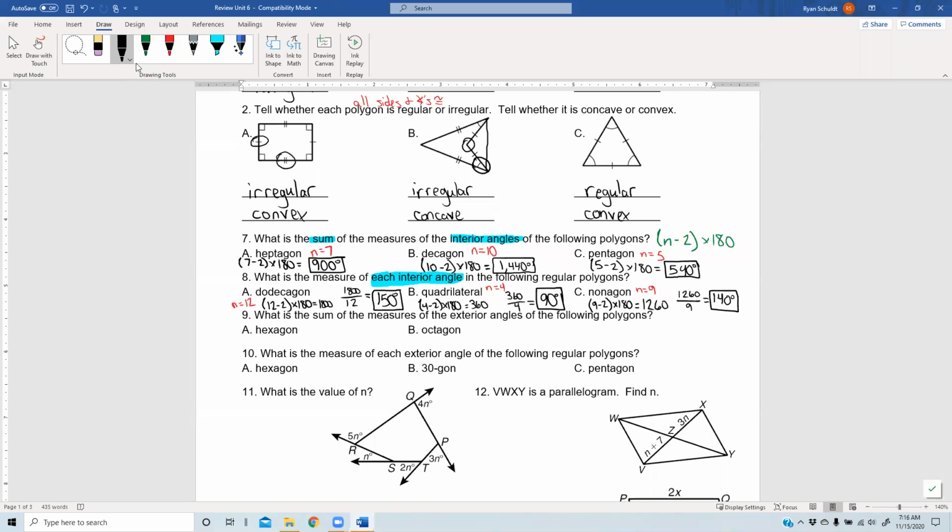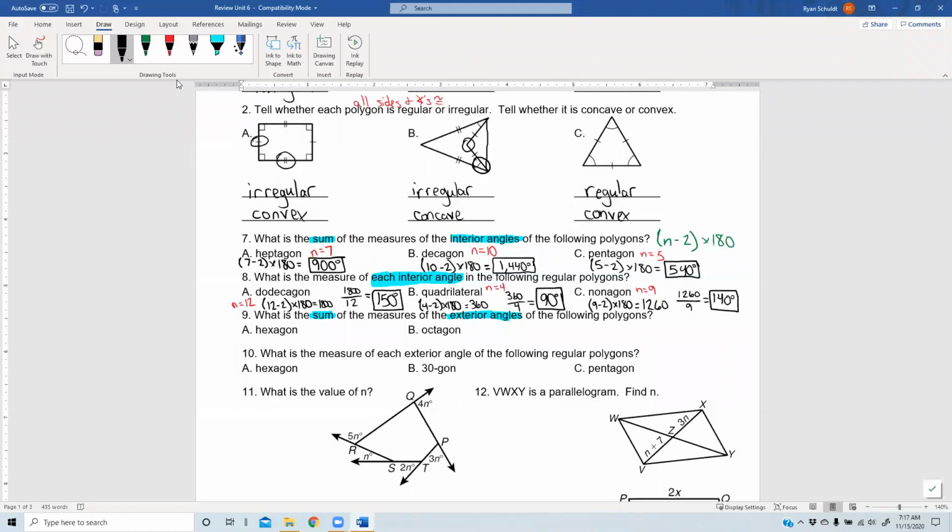9, what's the sum of the measures of the exterior? So I want the sum of the exterior angles. Well, this is the easy one. Out of all of them, this is the easy one.